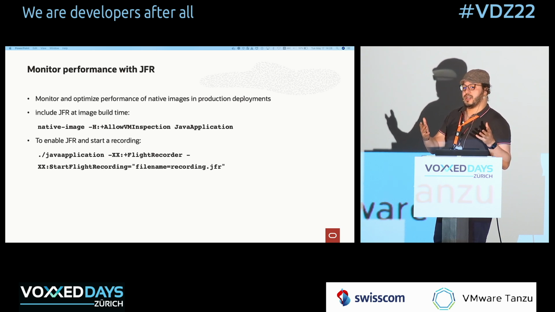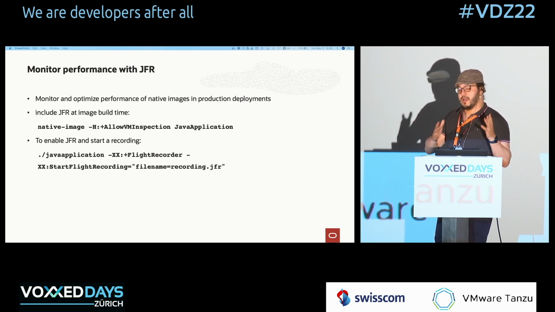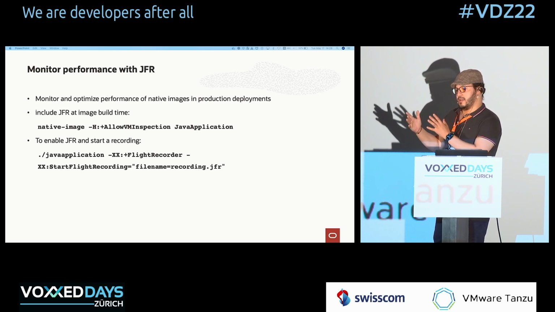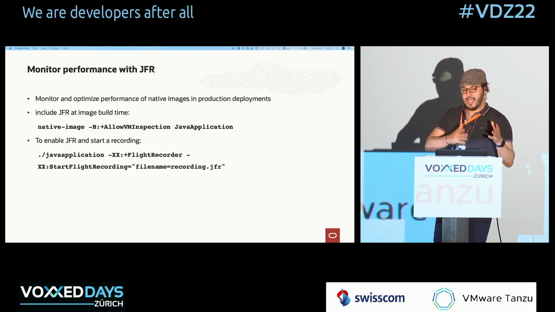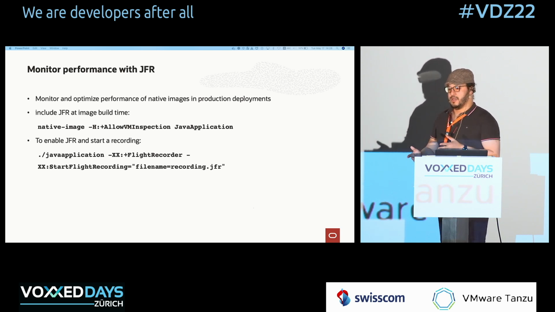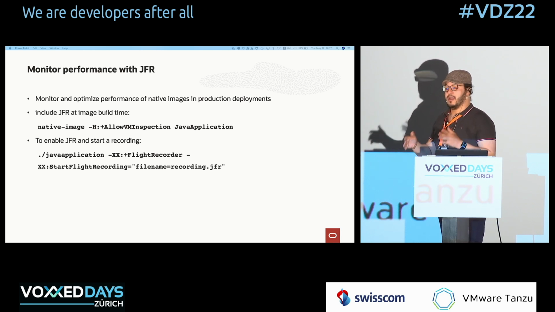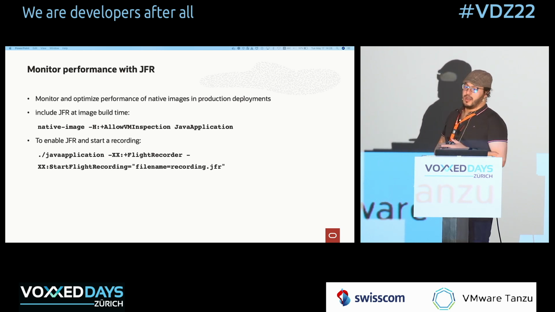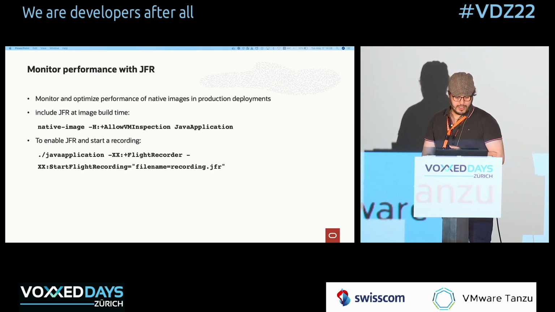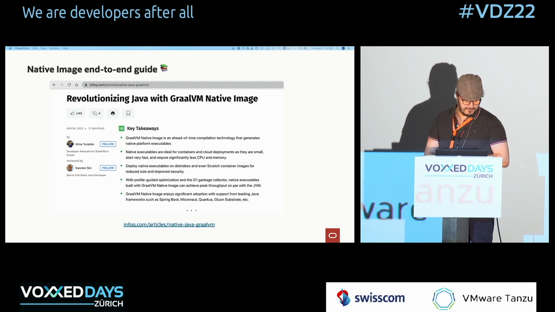Each time you see a big difference between the JVM loads and the native image loads, you can get the profiles from the JVM loads and rebuild your images. So you're consuming less memory and CPU overall, but still keeping the full performance that you usually get by using the JVM mode.